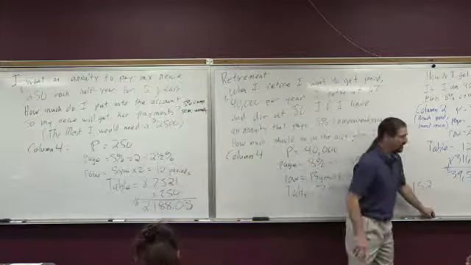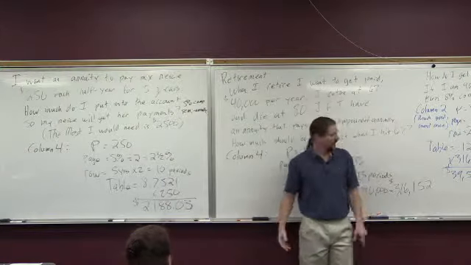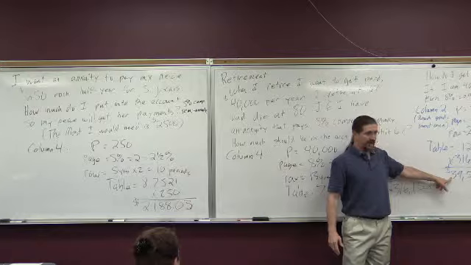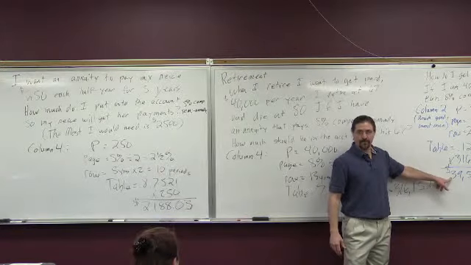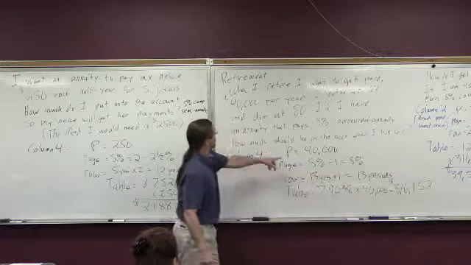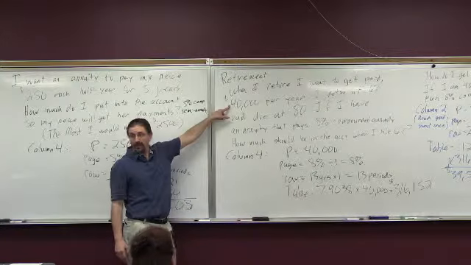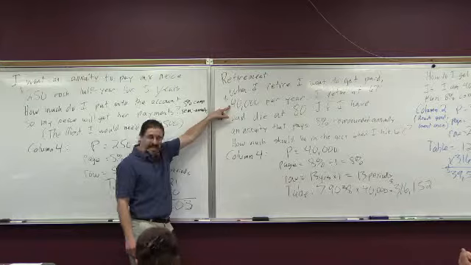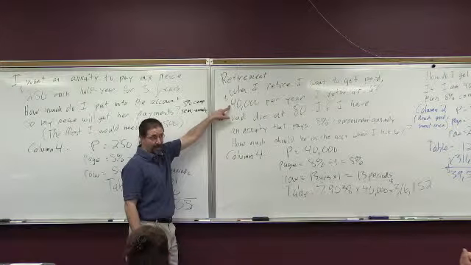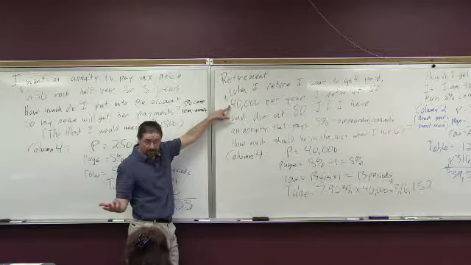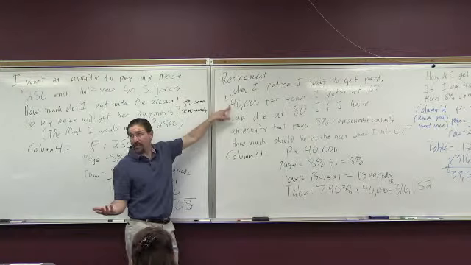About $39,500. So this is weird, right? Think about it. This is basically $40,000. What's that $40,000 turning into? 13 $40,000 payments. That's what compound interest does for you, folks.